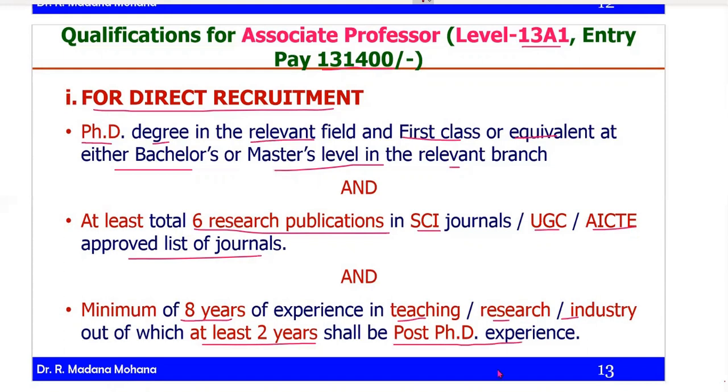After PhD, at least 2 years of experience is required. Overall 8 years experience, out of 8, 2 years after PhD, then minimum 6 research publications and PhD degree is mandatory. So these are all the requirements for direct recruitment.